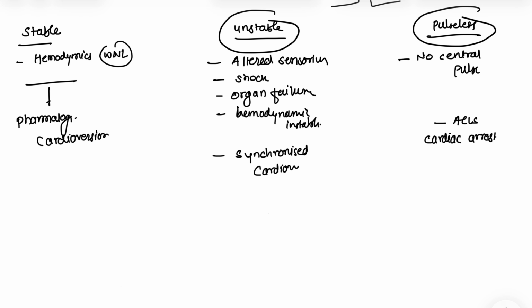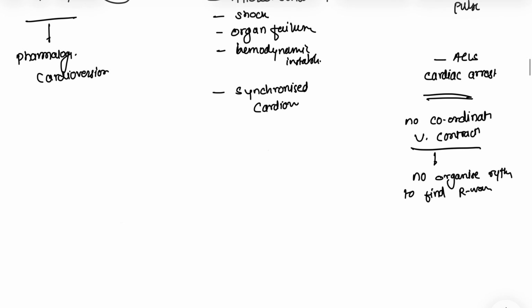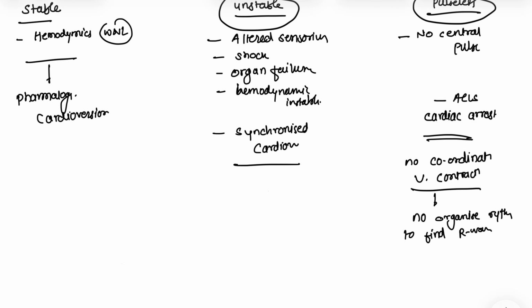The pulseless patient will have no coordinated ventricular contraction. So there will be no organized rhythm to find the R wave. On the other hand, the unstable patient will have some hemodynamic instability, but this patient has a little bit of organized rhythm. Now what to do with this organized and disorganized rhythm?